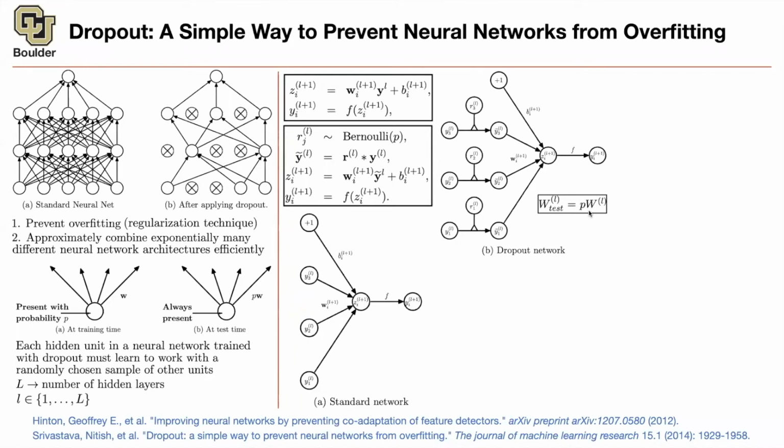The expected value is going to be P times the weight. During testing, you don't want things to be random, and that's how you do the averaging. And that's how I answer your question, Damien. This is how you combine exponentially many different neural network architectures, and you're doing it in an efficient way. And I'm going to show you empirically why this is efficient.